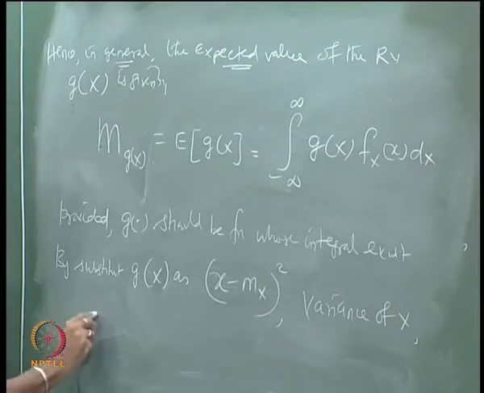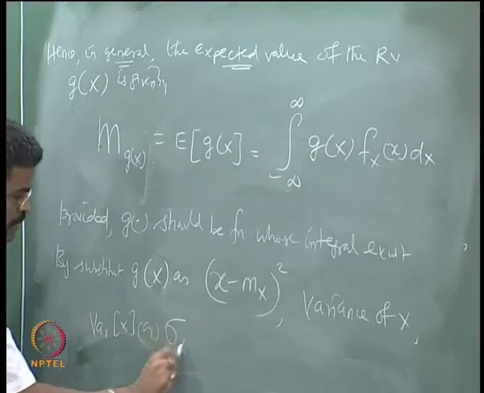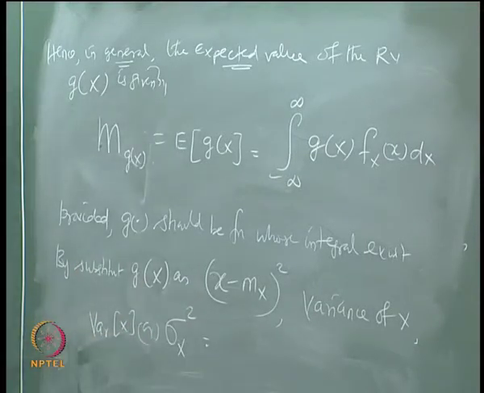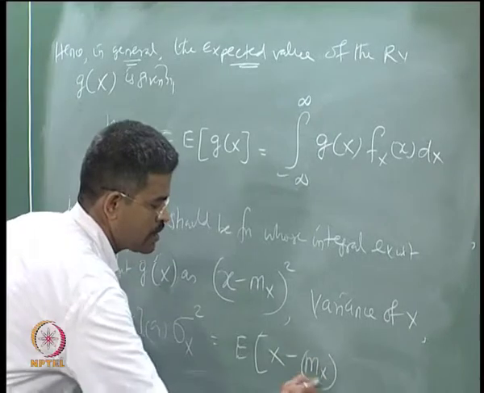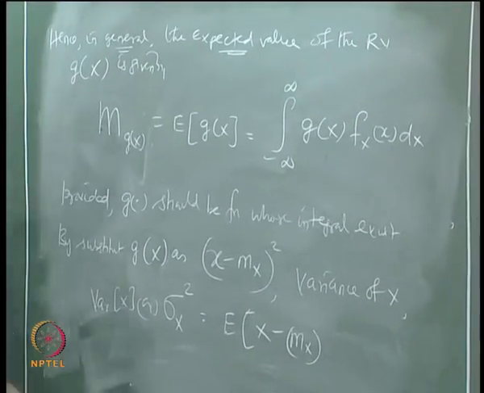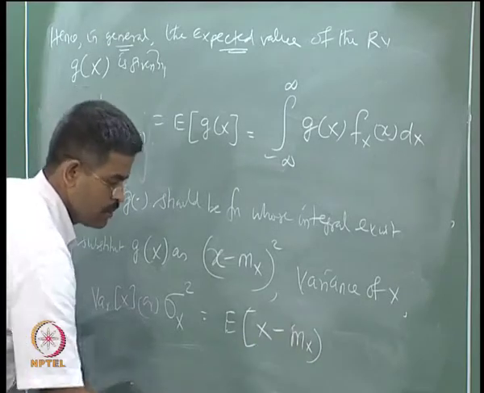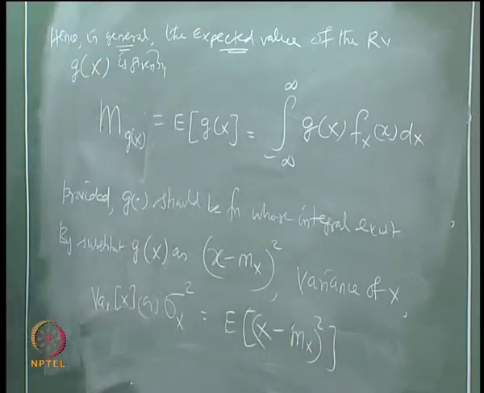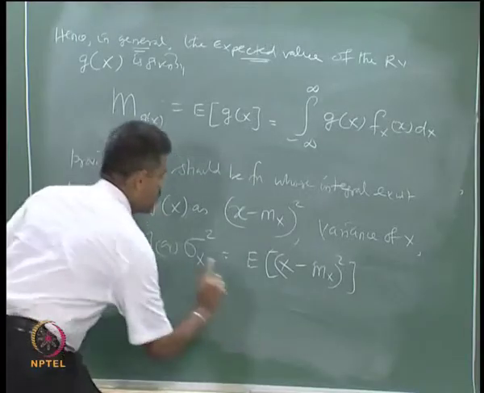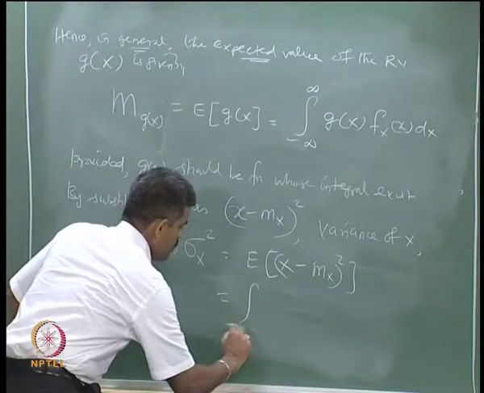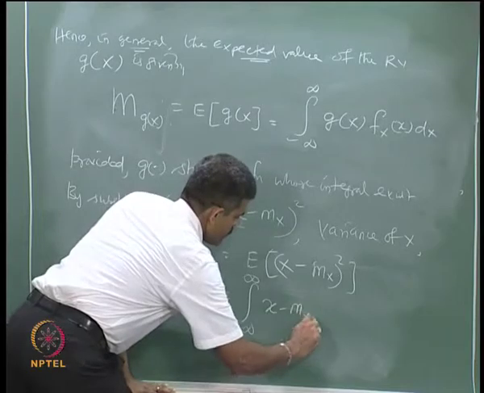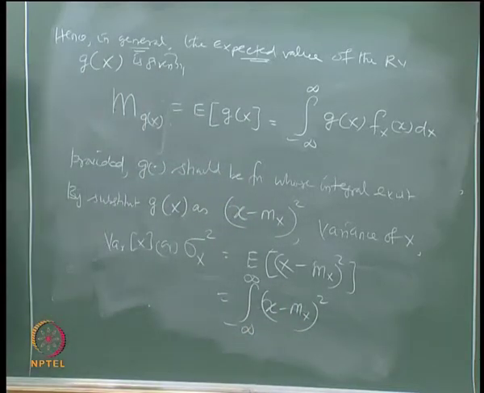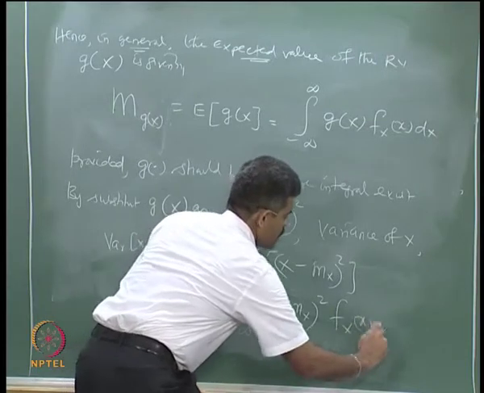It is given by the variance of x, or mathematically sigma x square, which is nothing but the expected value of x minus m of x the whole square, which is given by the integral of minus infinity to plus infinity x minus mx the whole square of f of x dx.